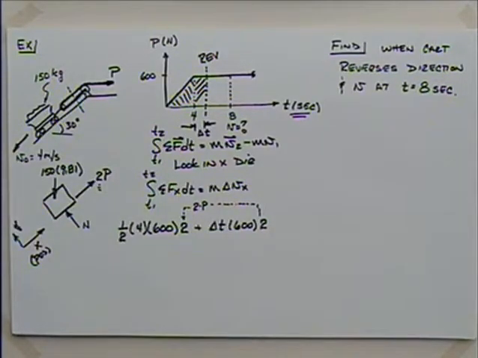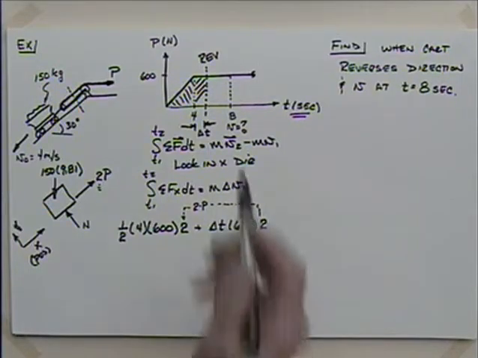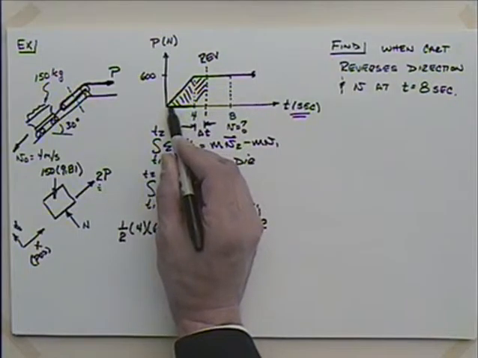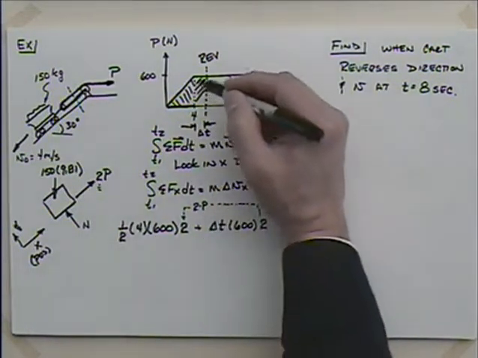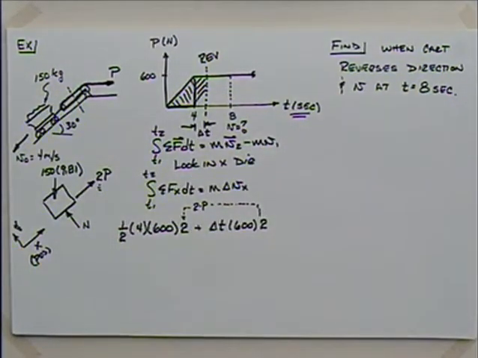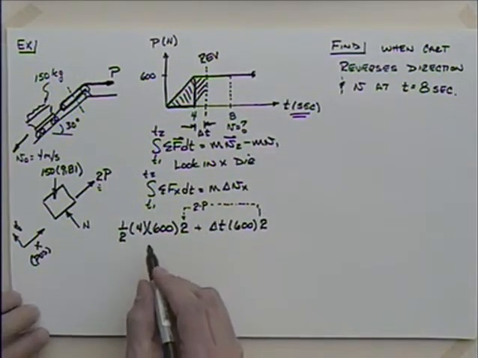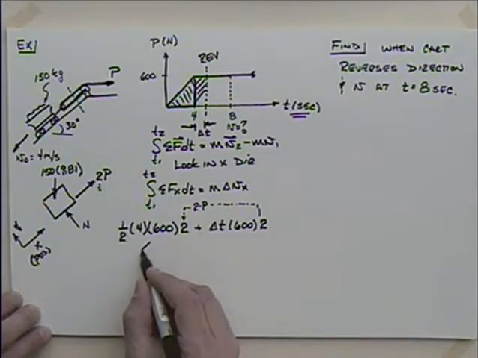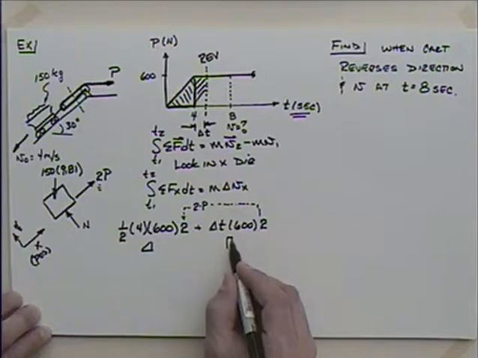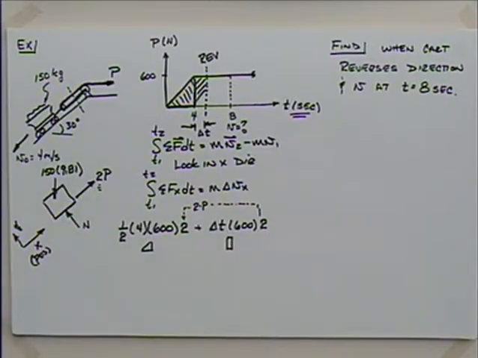What else do I have going on? Any other forces in the x direction? Well, I got this distance across this triangle, that's 4. Okay, and then I have this distance, which is 600, and then the 1/2 because it's a triangle. So this is really just the area of the triangle. Maybe we should put the little triangle picture here. That's the area of that. This is the area of that piece.